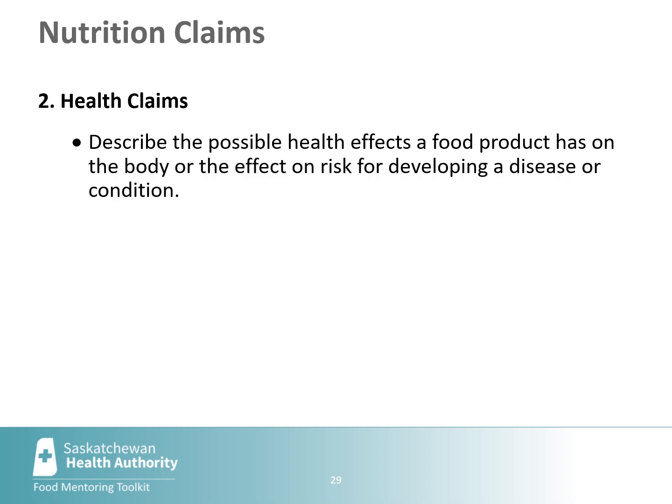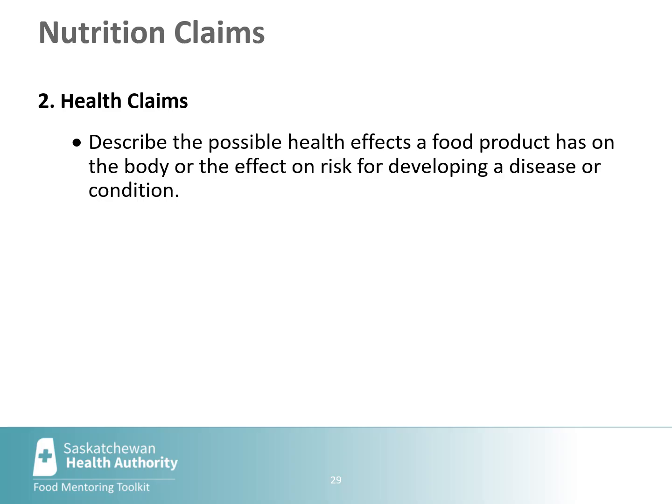The second type of nutrition claims are health claims. Health claims provide information on the possible health effects a food product has on the body or the effect on risk for developing a disease or condition. These are regulated by Health Canada.